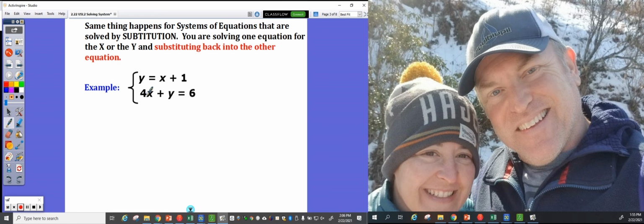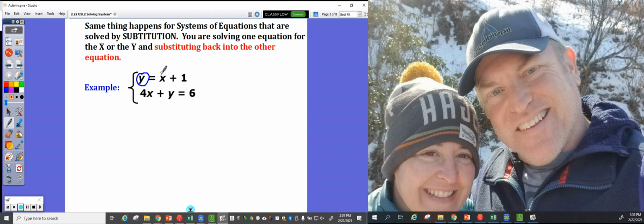You have two equations. Most of the time, one of these equations is already going to be solved for a variable. So this is what y equals: y equals x plus 1.